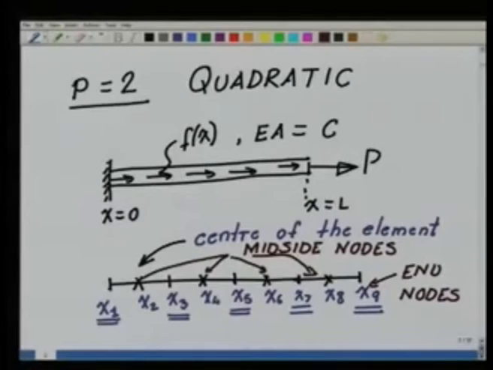Now what do we do next? Over this point set that we have created, we are going to create our basis functions, which are quadratic in nature.